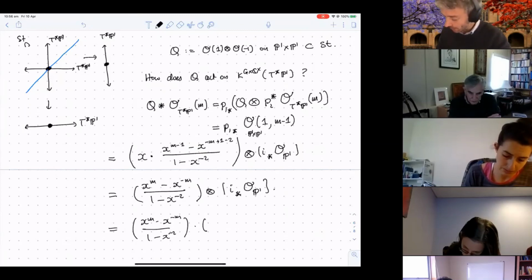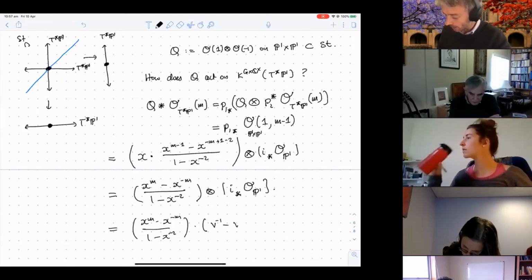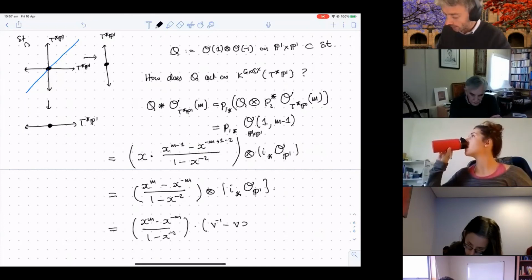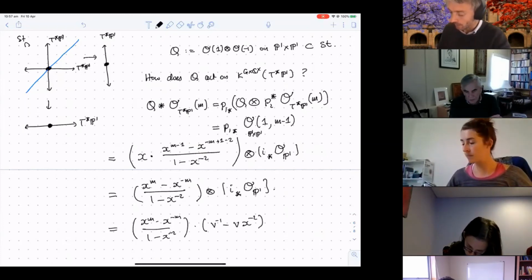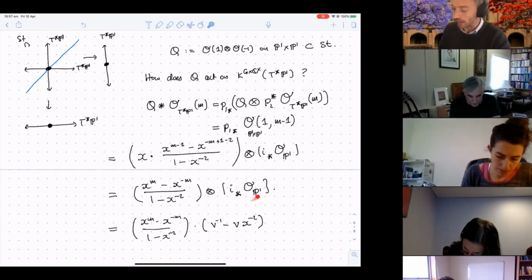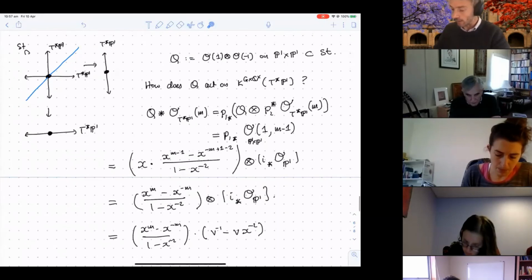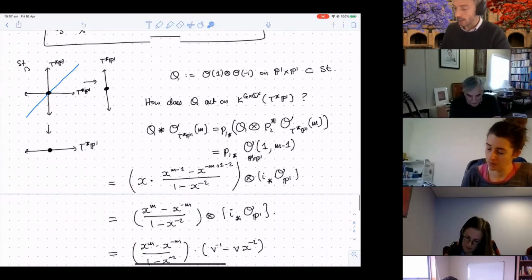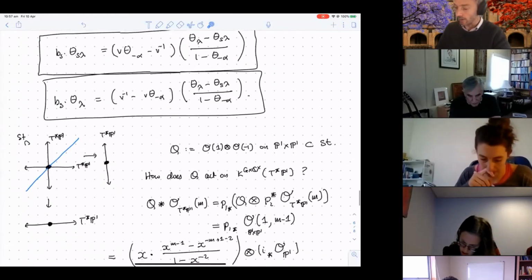I get something that's basically this factor v minus v x to the minus 2, essentially from a Koszul resolution of this. Remember, I want to re-express this in terms of vector bundles, which are my generating objects. Okay. And so the moral is that this formula here looks very similar to this formula here.